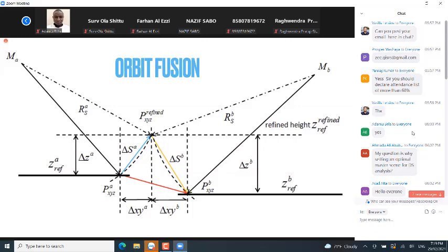Now, when we geocode our points, we talked about that in the very beginning, knowing the height of a point is important to geocode it correctly. Now, if we have a shift in the height between the two orbits because of different reference points, that also leads to a shift in the geocoding between them.